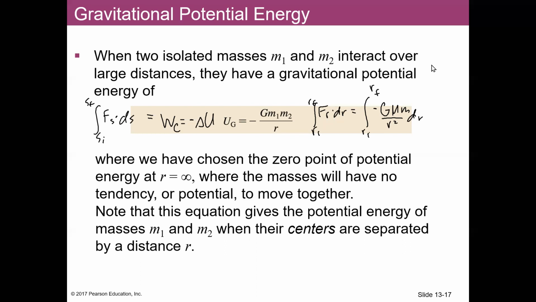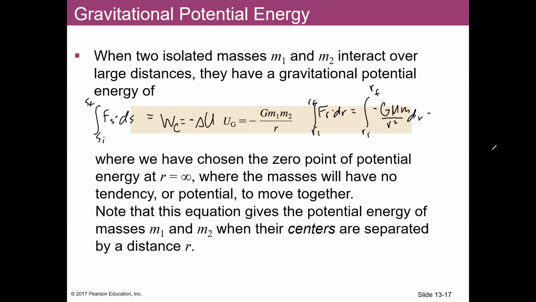So there are lots of negative signs to keep track of here. The integral of 1 over r squared is minus 1 over r, and so that's going to cancel with this one. And so we'll be left with r final at the top and r initial at the bottom.